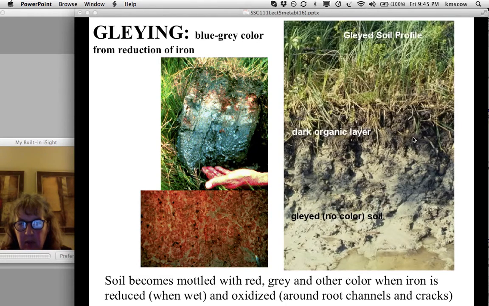Here's another soil profile showing you a different kind of reduced form of iron with some other elements, and you can see this sort of bleached out grayish color in this situation.